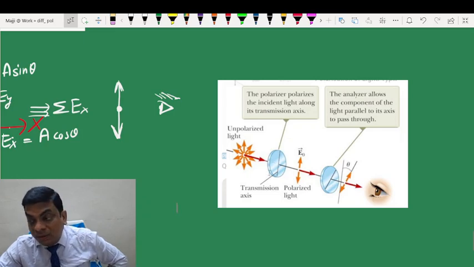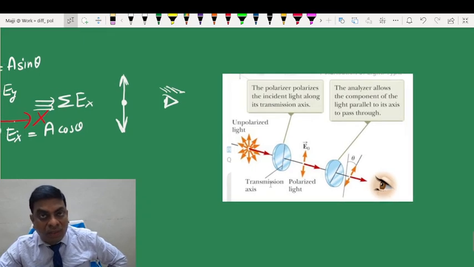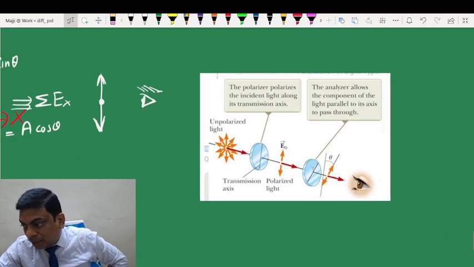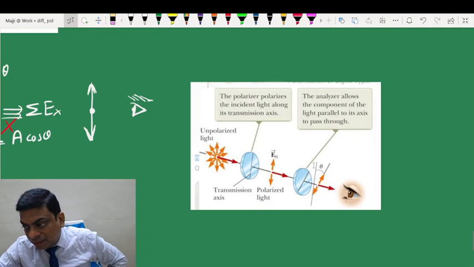In fact, in place of polarizer, there can even be a Nicol prism also, students, because we have already learned that even a Nicol prism plays the same role. Then you have another polarizer, which here will be called the analyzer. Its pass axis is tilted in some different direction other than the pass axis of this. That means there is some angle between the pass axes of these two.